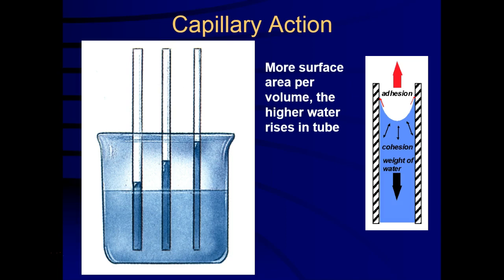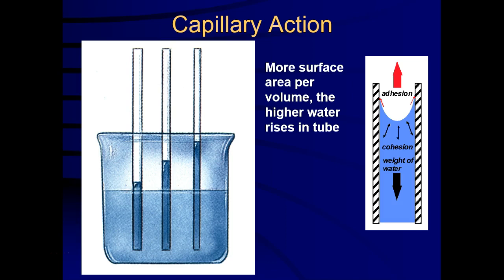And that's what happens with greater diameter tubes. When you have a small tube, the ratio of hangers on to the ones who are climbing is much, much smaller than the ones with a big tube where you have few climbers and a lot of hangers on. And that's what happens. So this is why in tiny tubes, the water creeps up farther.